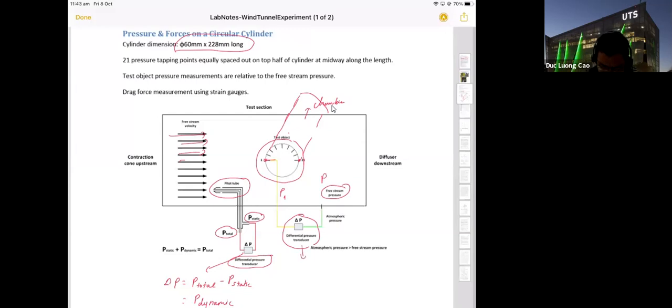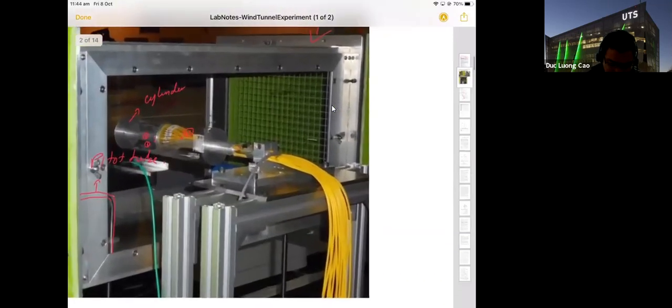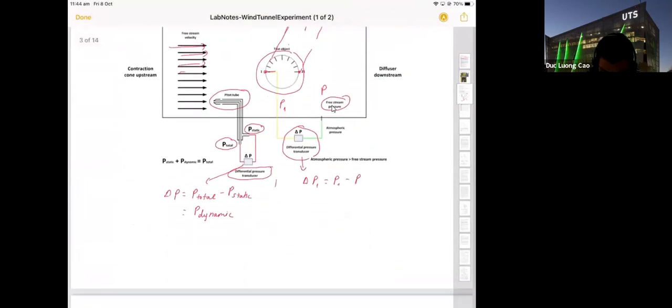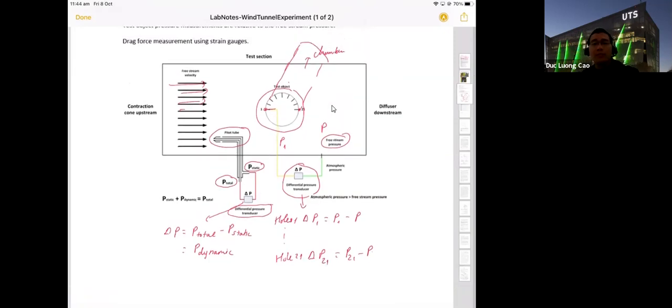So from this differential pressure transducer, we have delta P1 equal to P1 minus P. The green line gives the pressure in the chamber, which is compared with the pressure in each hole. For hole 21, delta P21 equals P21 minus P. We have 21 holes, so 21 differential pressure transducers and 21 delta P.